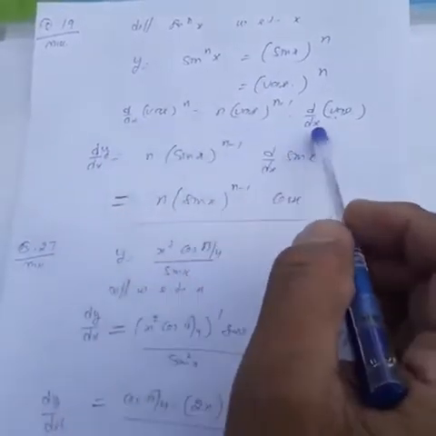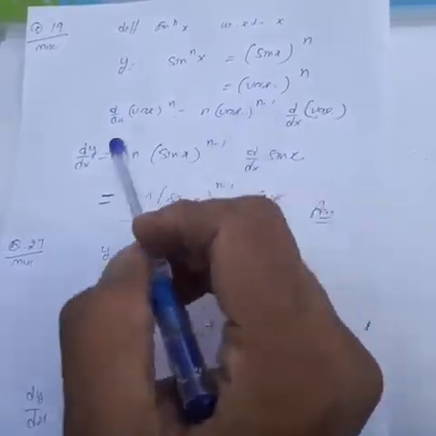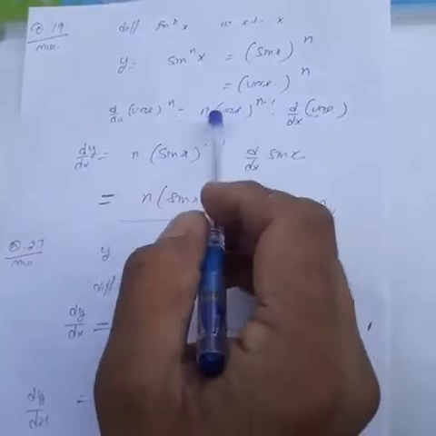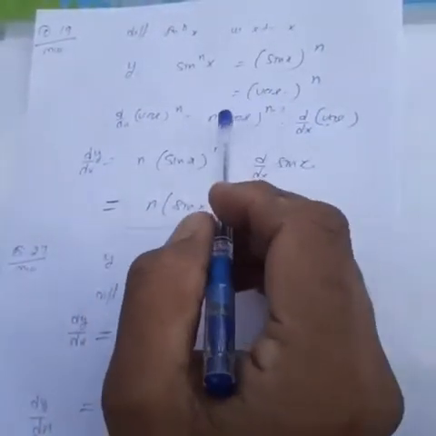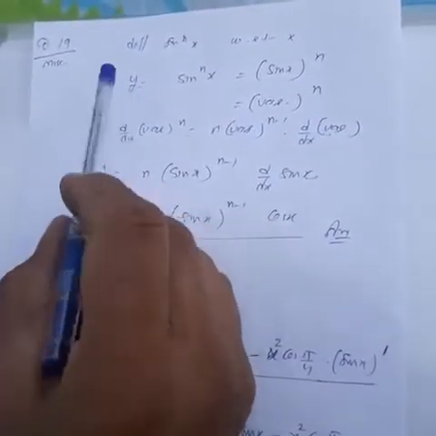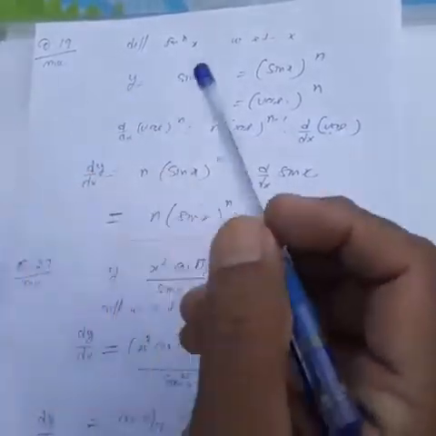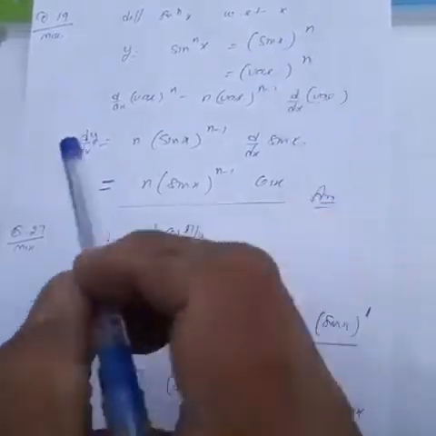Now use this formula: n into any variable raised to the power n minus 1 into the derivative of the variable. How will you identify which is the variable? Either x or any function of x will be a variable. Or if you have assumed it as y, because y is a function of x, y is also a variable here. So x and y both are variables. The rest of the terms will be constants.